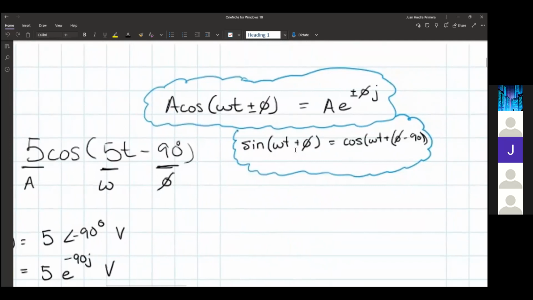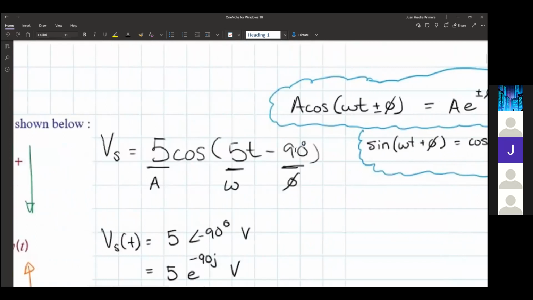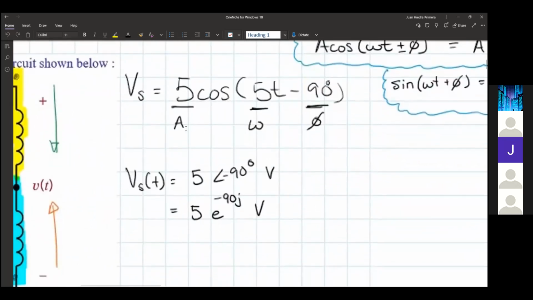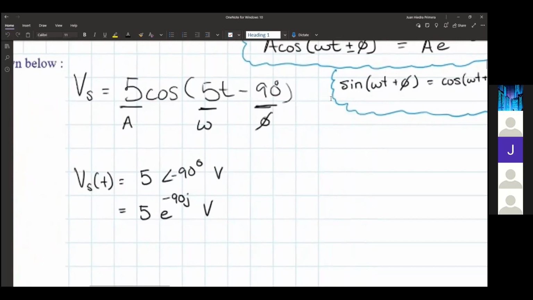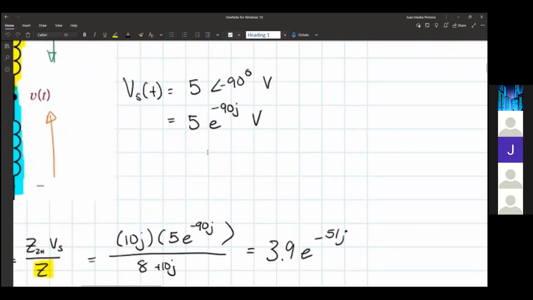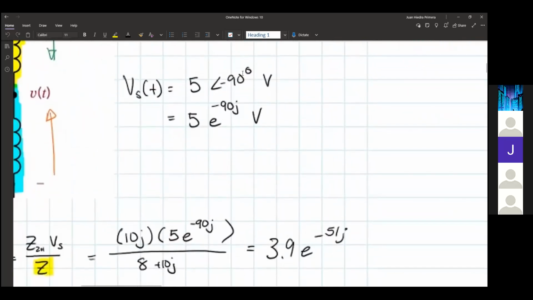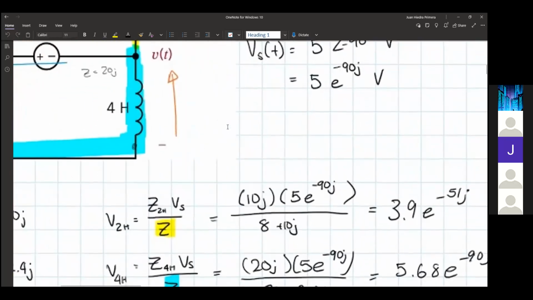Same thing to go the other way. So we have an amplitude of 5 with a frequency of 5 and a phase shift of negative 90. So our phasor form is going to be 5 angle negative 90 degrees or e to the negative 90j.